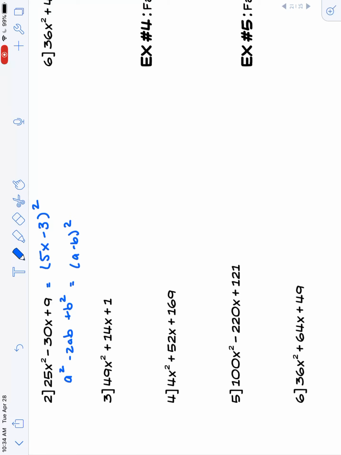Well, we look. 2 times a times b. And let's make this negative 2. So we get negative 2 times 5 is negative 10. Negative 10 times 3 is negative 30x, which matches up.